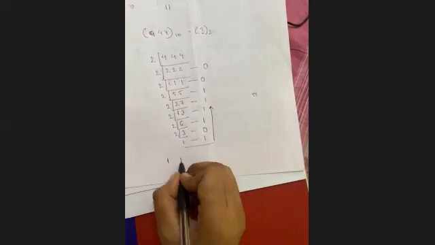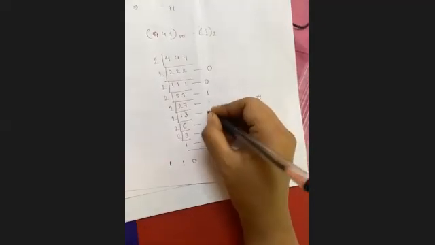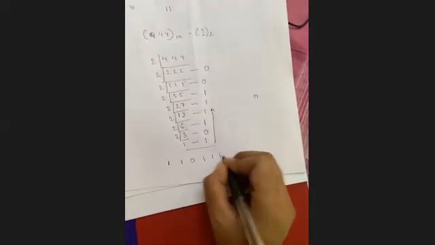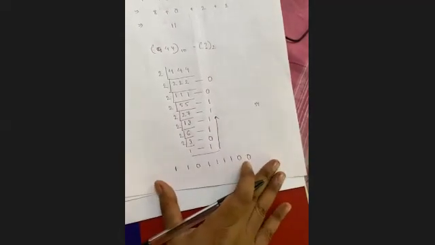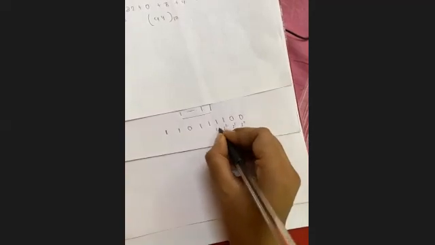What will be the corresponding value of the binary number? 1 1 0 1 1 1 1 0 0. So if I check this value, this is 2 to the power 0, 2 to the power 1, 2 to the power 2, 2 to the power 3, 4, 5, 6, 7, 8.